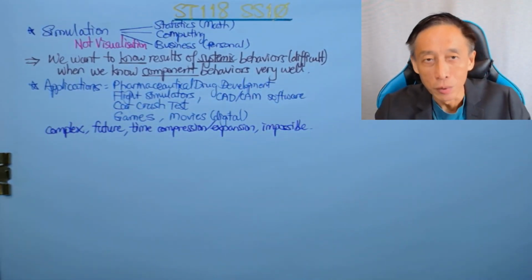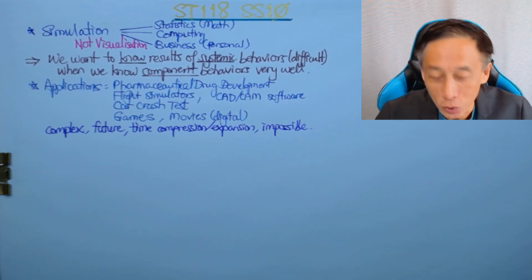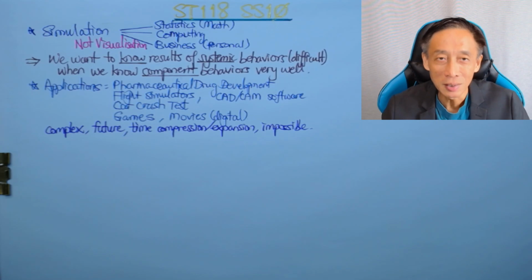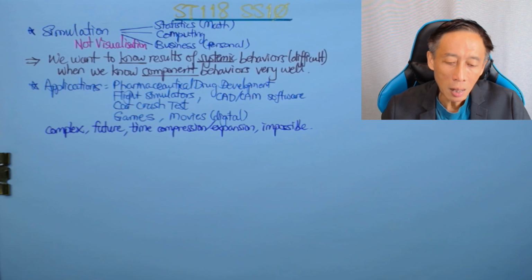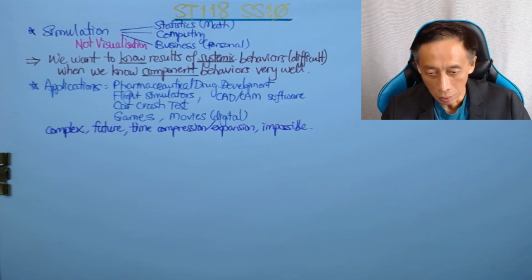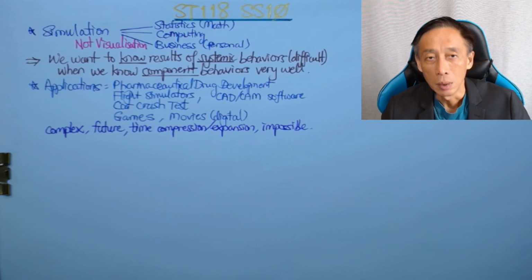Right? So I will just use these descriptions that when you see those cases, maybe you can consider simulation as one. So time expansion is about we want to know the future, way, way into the future. For example, how much of Singapore will be subsided in seawater when the tidal waves come in 30 years' time, 50 years' time, due to climate change.